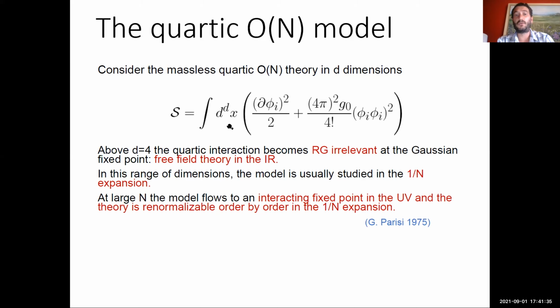It has been shown that, at least at large N in the 1/N expansion, this model has a free infrared, but in the ultraviolet, it flows to an interacting fixed point. The presence of this interacting fixed point, as was shown first by Parisi in '75, makes the theory renormalizable order by order in the 1/N expansion.